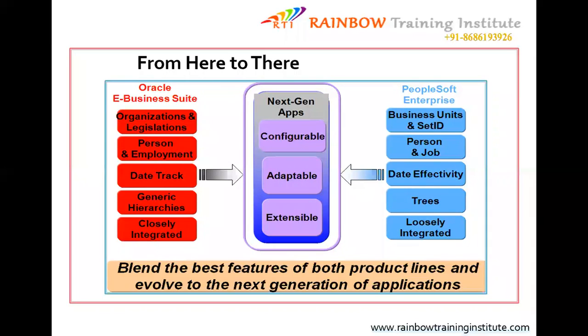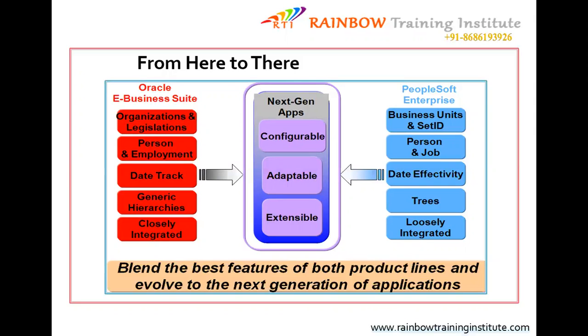When you talk about some of the objects like organizations and legislations, in PeopleSoft we call them business units and set IDs. Those things have been brought here to the Fusion applications, and they made it configurable. The same organizations and legislations are brought over to Fusion as business units and set IDs.